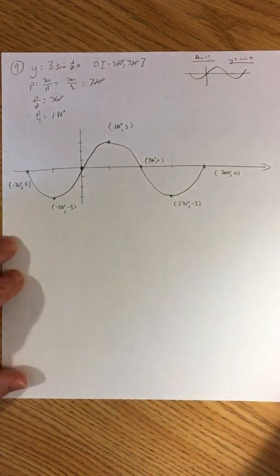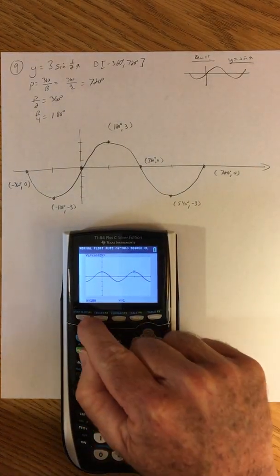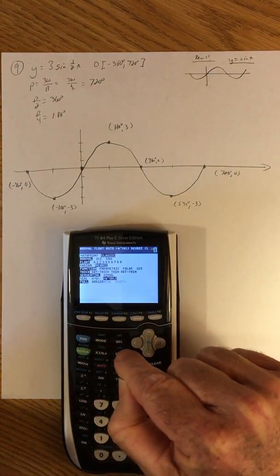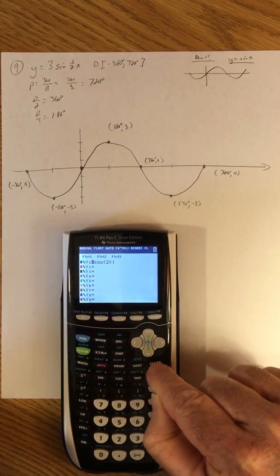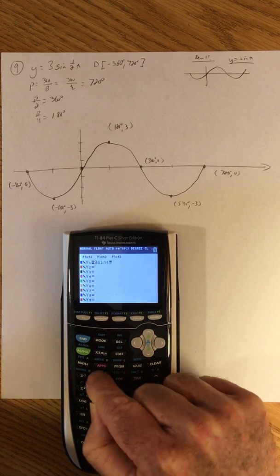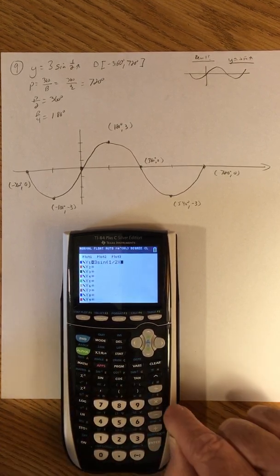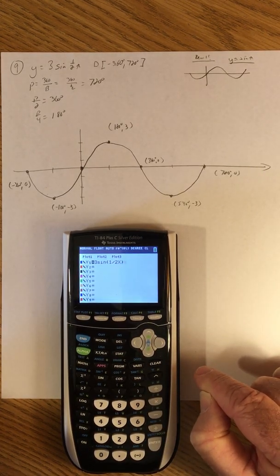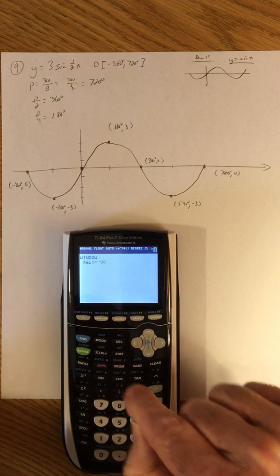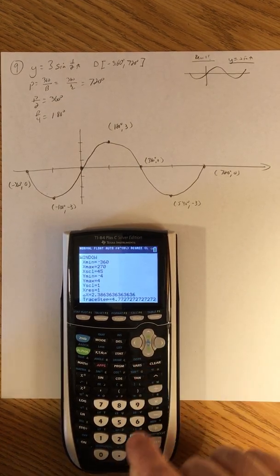Okay, now we check by grapher. First thing you do when you're checking by grapher, check the mode, make sure you're in the right mode. We will graph 3 sine 1/2 x. And window, negative 360 to 720.